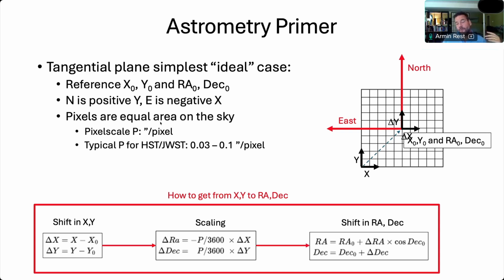Then we have to go from the pixel scale to degrees, and this is a scaling that you see here. This gets us from delta x and delta y to delta RA and Dec in degrees. Then we just shift it to RA naught and Dec naught, which is a coordinate in the center. So this is just an illustration of how to go from XY to RA Dec internally when we do the WCS.